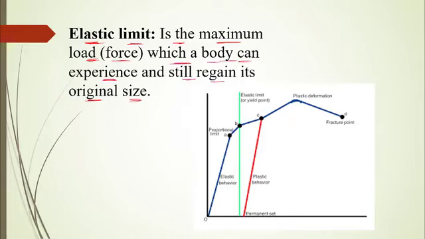If you extend a body past its elastic limit, that body will forever be deformed, such as a rubber band or a piece of cloth that was stretched such that it became torn and weak. That body has been deformed. So the elastic limit is the maximum force you can apply to a body, and that body will still be able to go back to its original size.